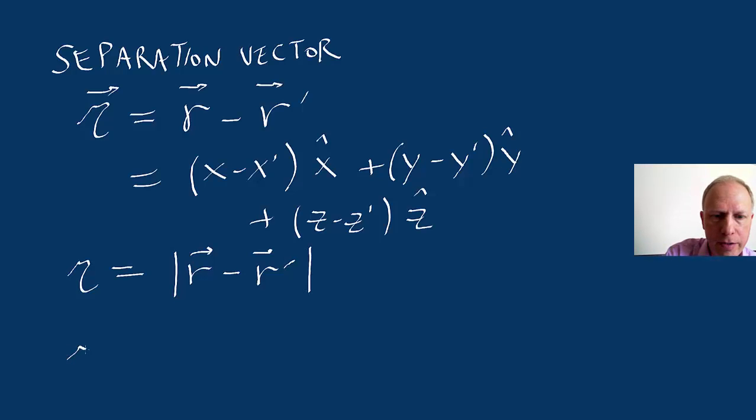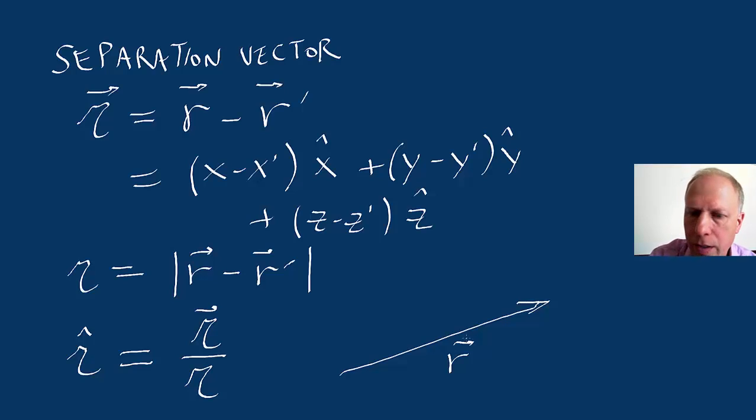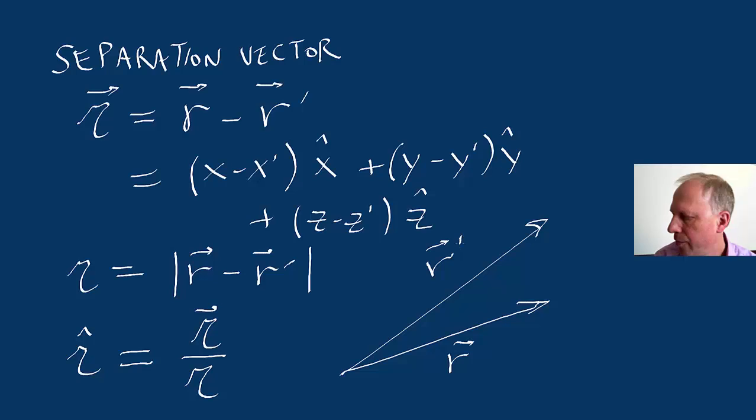And we very often need to refer to script r hat, which is the script r vector divided by its magnitude. Let's have a little sketch. Here's the origin and a vector r and a vector r prime, and script r points from r prime to r.